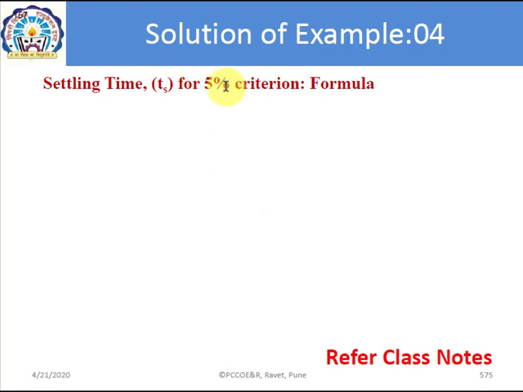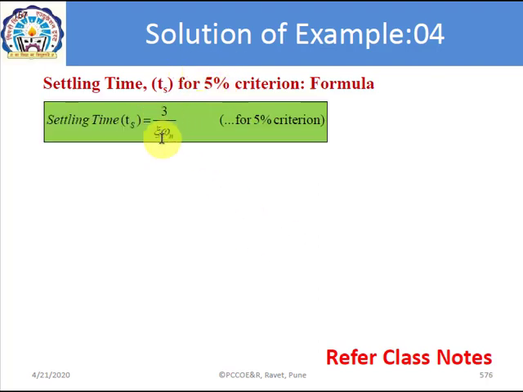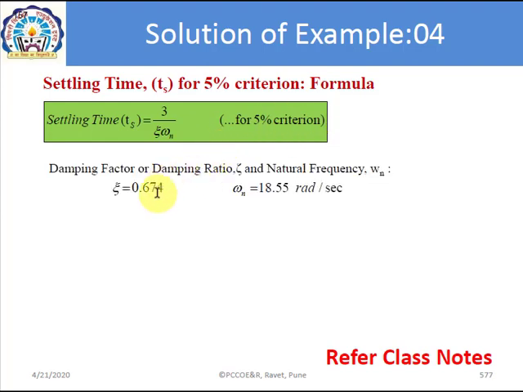Settling time for the 5% criteria: the formula is 3 upon zeta omega n. It's very important, students. Once again, whenever we are solving such numericals, you have to carefully determine the zeta value and omega n value, because most of our formulas require substituting zeta and omega n values. Every time we calculate rise time, settling time or percentage overshoot, we require zeta and omega n values.